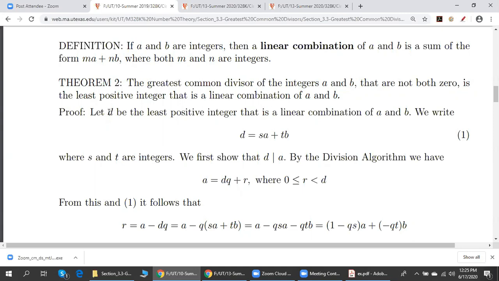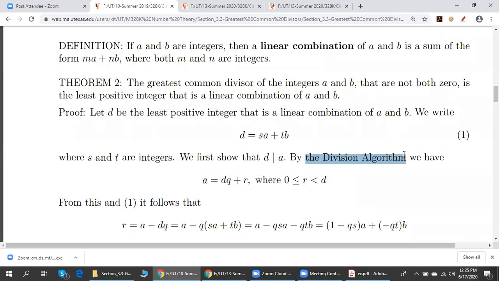Let us denote by D the least positive integer that is a linear combination of A and B. Means the following. D is equal to SA plus TB, where S and T are integers. Let us show that D divides A. Here is how we do it.